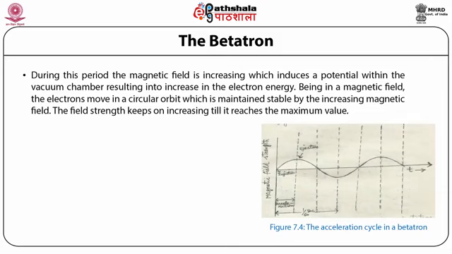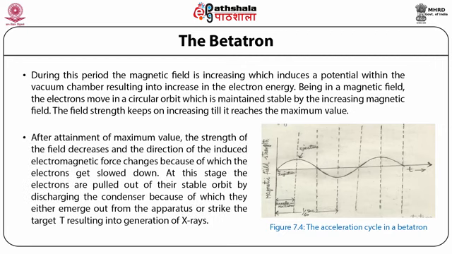During this period, the magnetic field is increasing, which induces a potential within the vacuum chamber, resulting in an increase in the electron energy. Being in a magnetic field, the electrons move in a circular orbit, which is maintained stable by the increasing magnetic field. The field strength keeps on increasing till it reaches the maximum value.